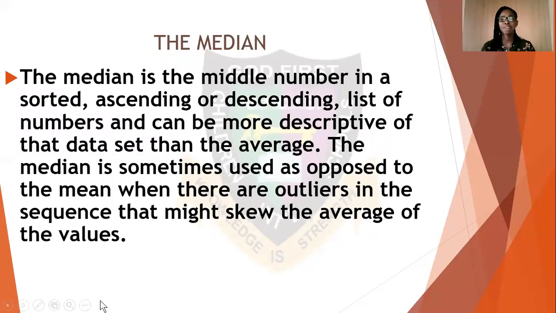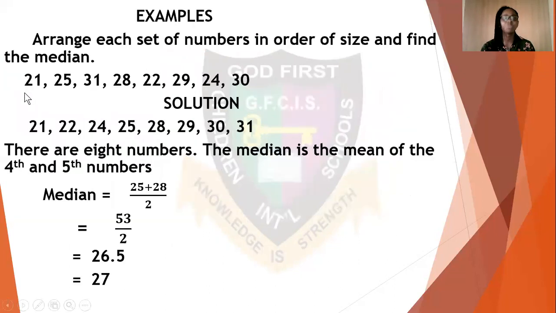You can count from the front and also count from the back to get the middle value, or the middle number, of the given data. Let's have an example of it.